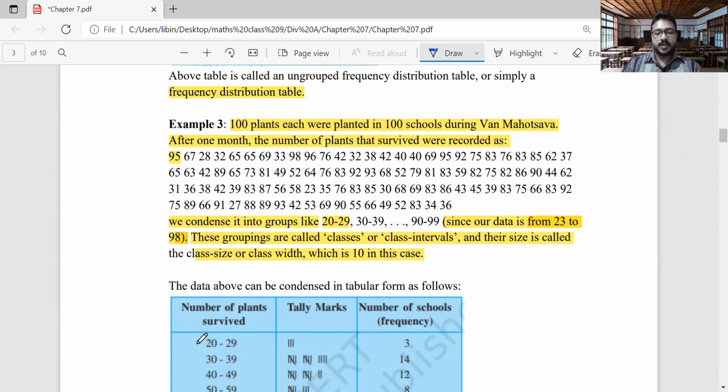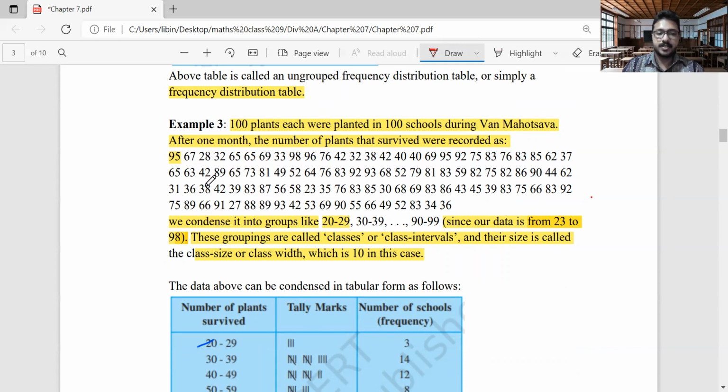Now we are going to our first class, 20 to 29. Our aim is to find the numbers which lie between 20 and 29. Clear? So we are looking here, going through each of the numbers. In the first row there is nothing. Now we are going to the second row, and as you can see, in the second row also there are no such numbers.